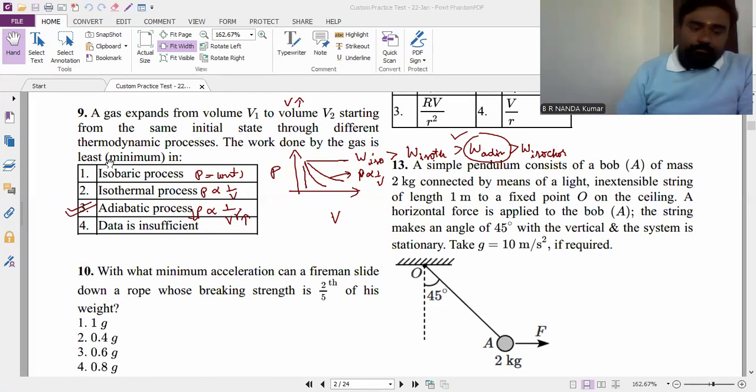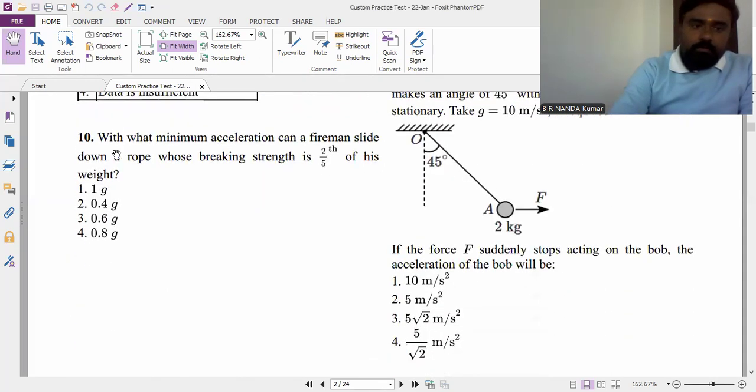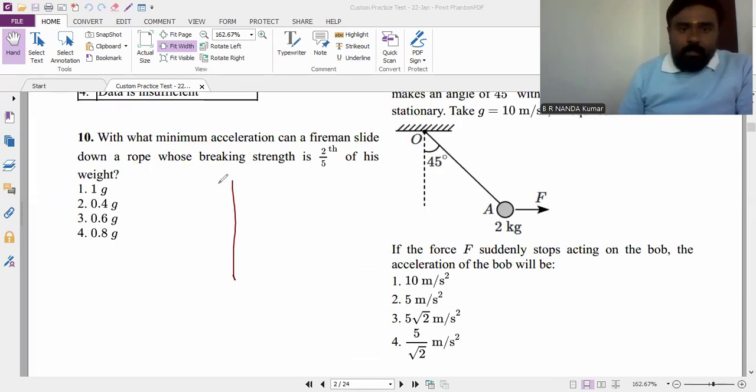The next question number 10. With what minimum acceleration can a fireman slide down the rope? The maximum breaking strength, the maximum tension, is 2/5 of the weight. He is moving downwards with acceleration a.